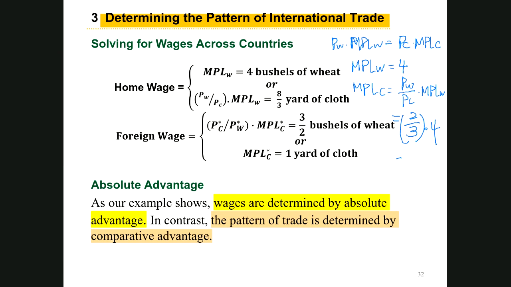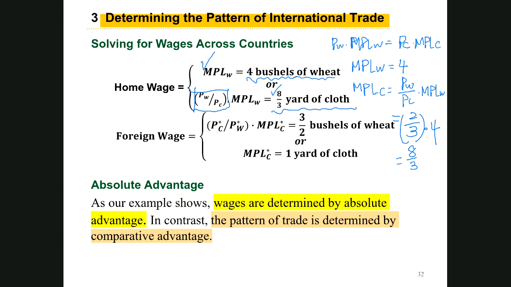That's equal to 8/3, right? So the real wage of the workers in home country could be represented by either this way or this way. They are both the same because they're using the price ratio by this vector, right?